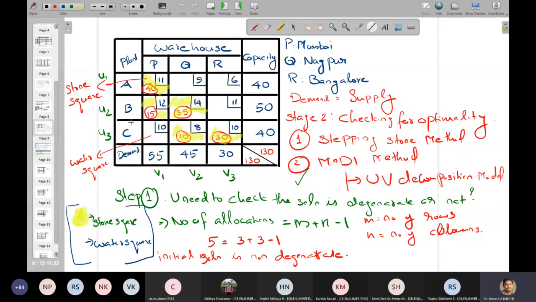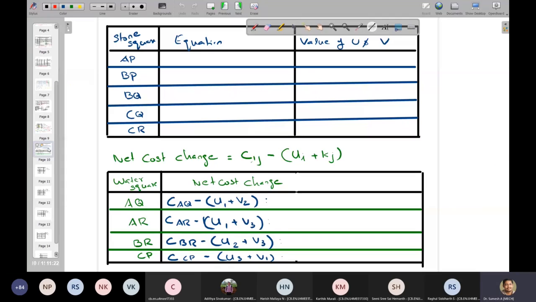So AP equals U1 plus V1 equals 11. Okay, next one. BP equals U2 plus V1 equals 12.